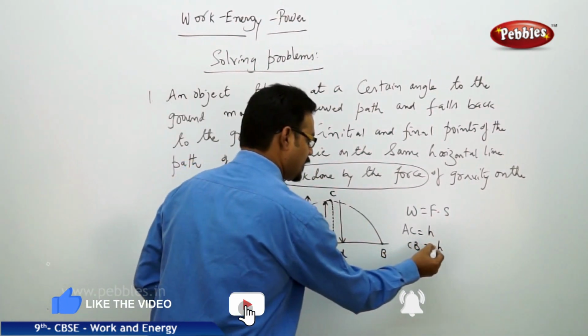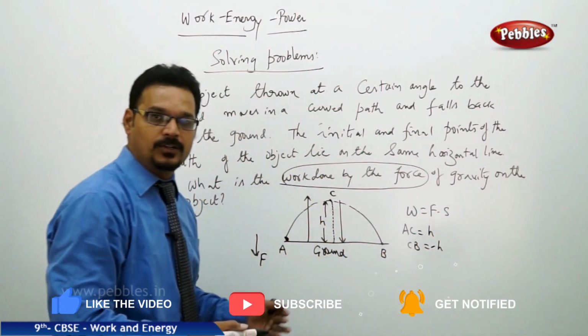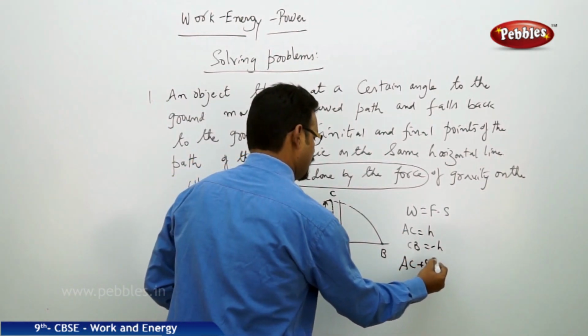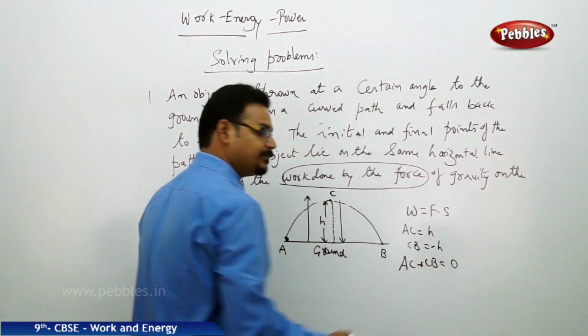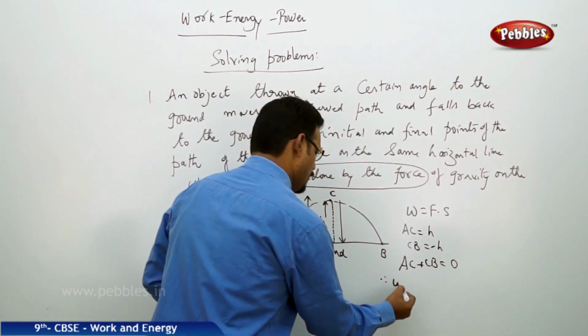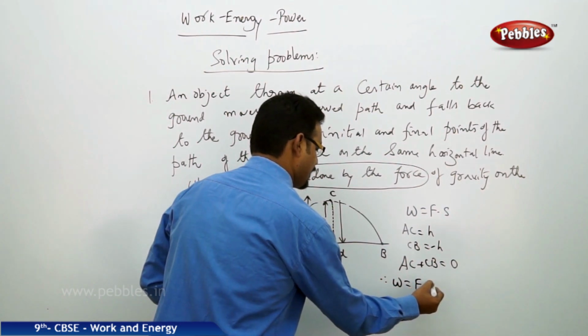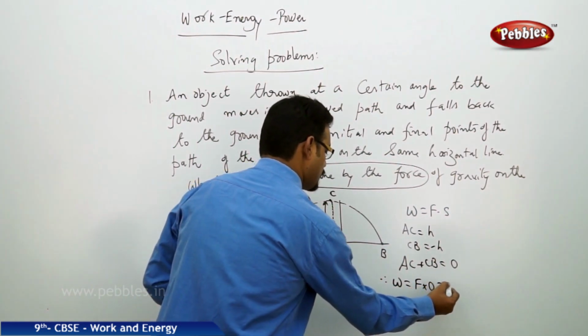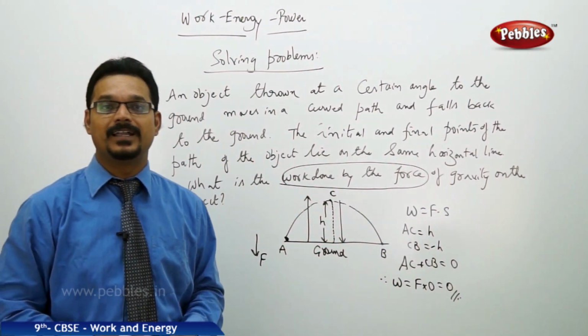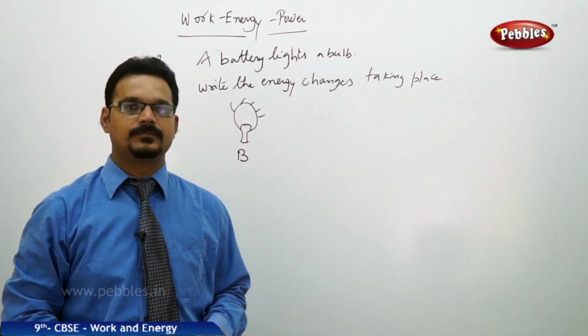So therefore we need to keep minus H. Then the total displacement is AC plus CB, H minus H, which equals 0. So the amount of work done by the force of gravity is F into 0, which equals 0. So there is no work done by the force of gravity.